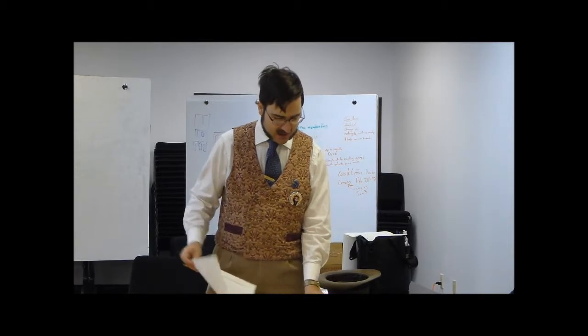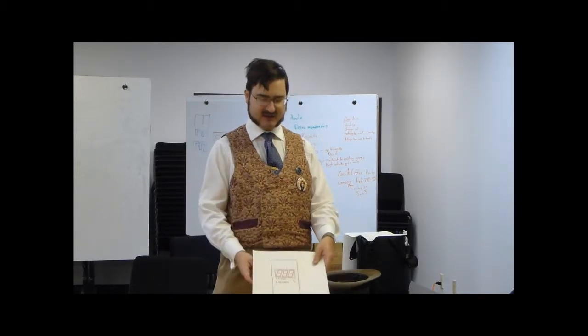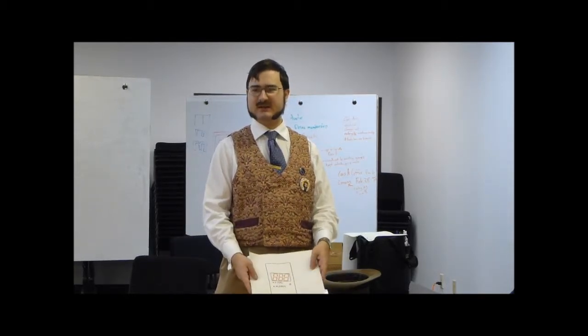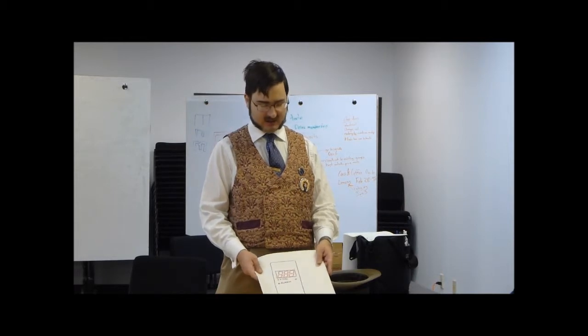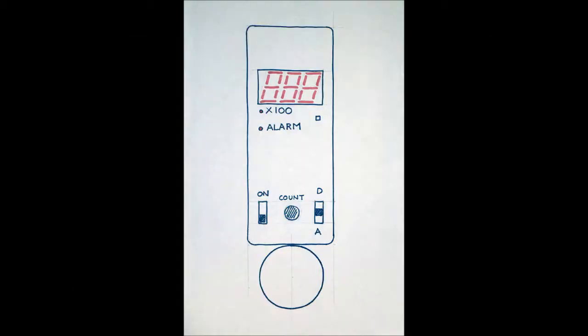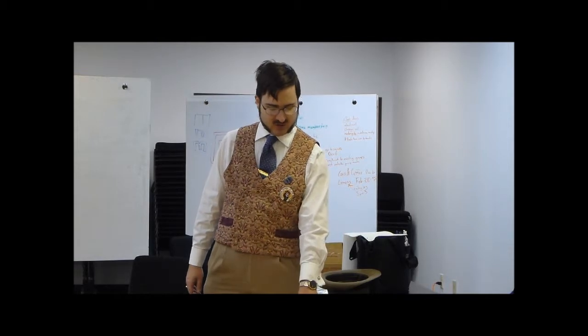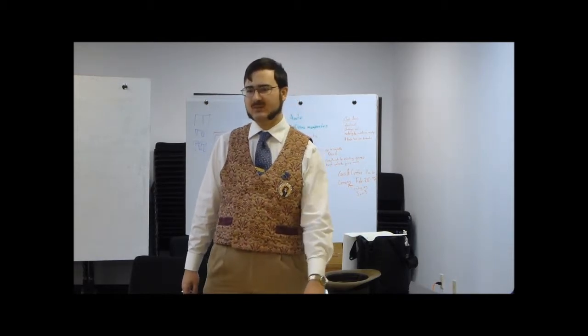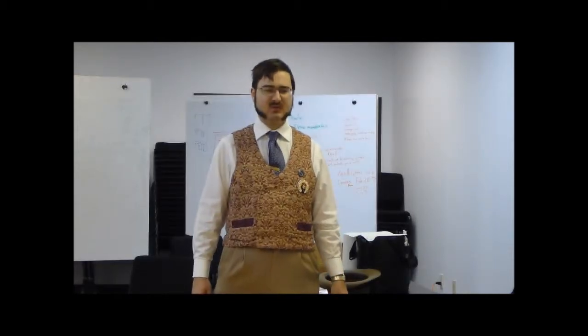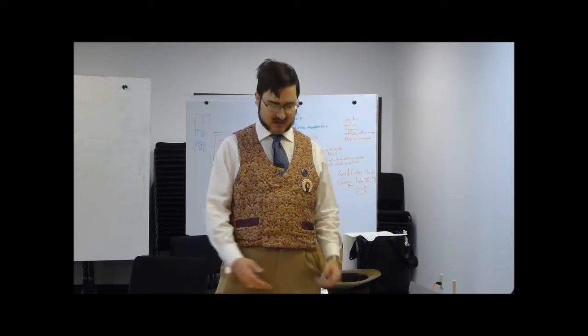Anyway, and then I have, this is just a drawing of what you can expect the counter to actually look like. This is about double size. Basically broad enough to hold a 9-volt battery, because the 9-volt battery is what is going to be providing the voltage.